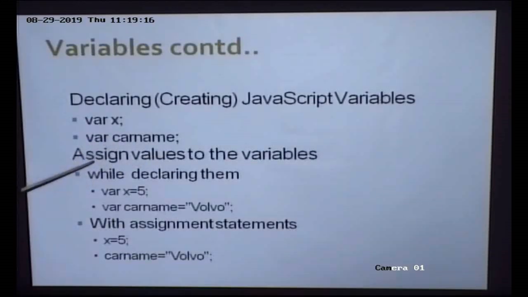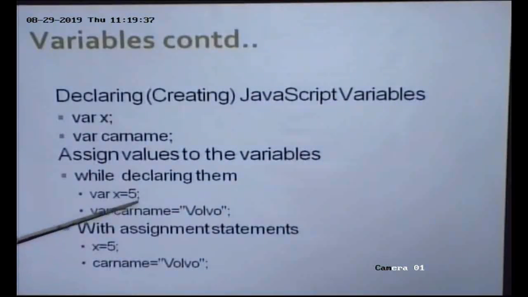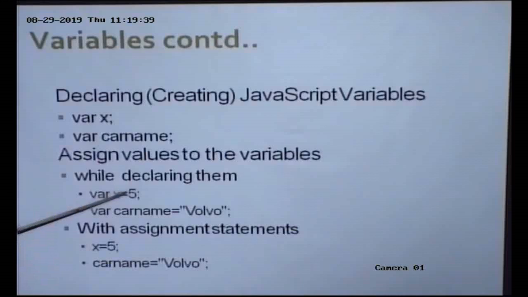Next thing is how to assign values to the variable. The value may be an integer value, or it may be a string value. It depends upon the assignment given to the variable. See here, var x equal to 5. That means x will take the integer value representation.